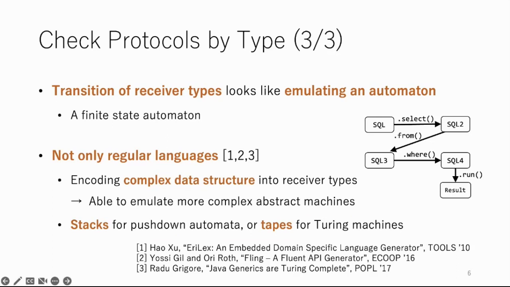So this transition of receiver types can be regarded as a simulation of an automaton using the type checker. The number of receiver types is finite, so the simulated automaton is a finite state automaton.